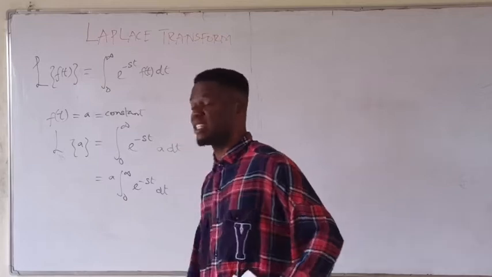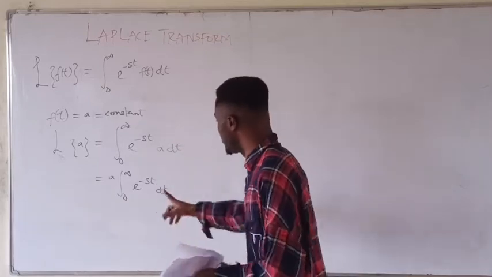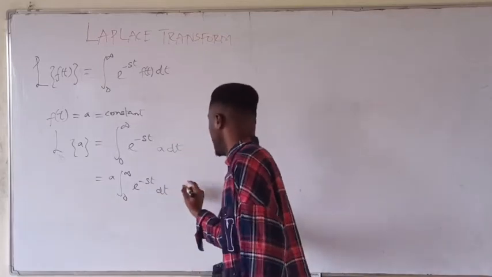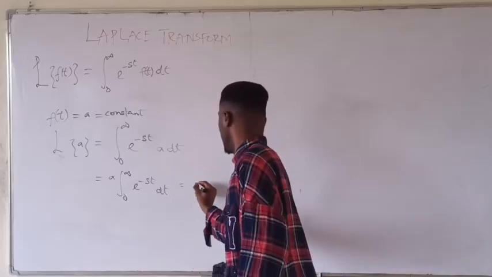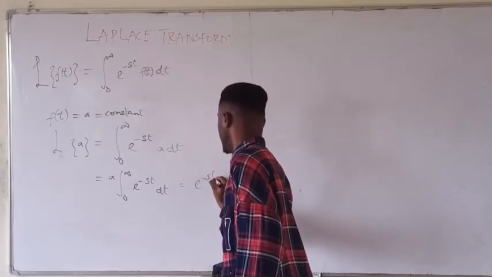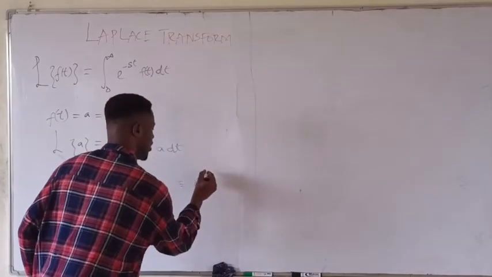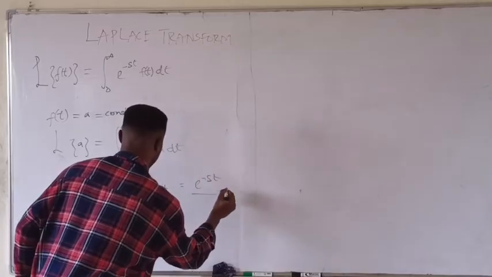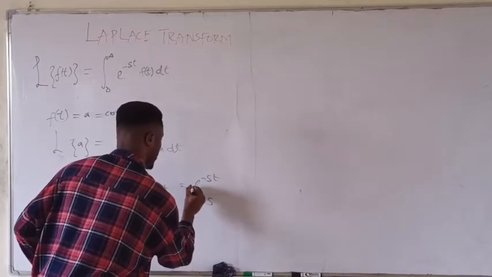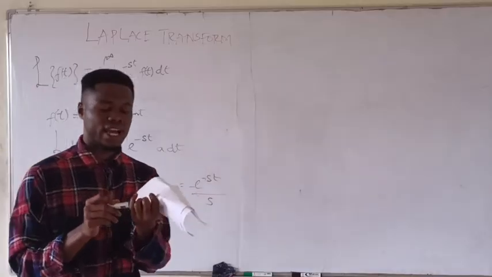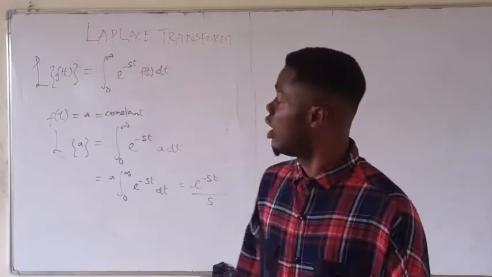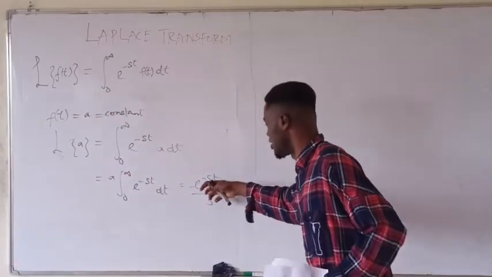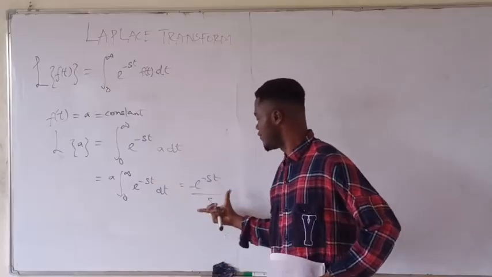If you integrate the exponential of minus st, the answer you are going to get is exponential of minus st divided by s, with a minus sign outside, okay? So you are going to have this as your answer.